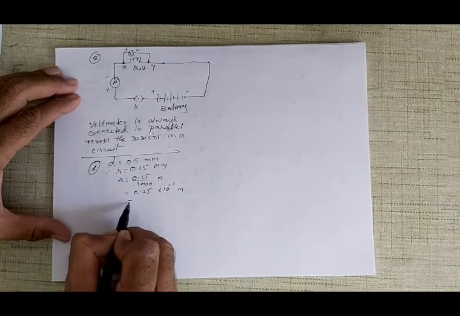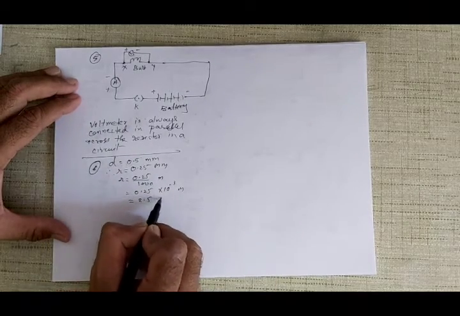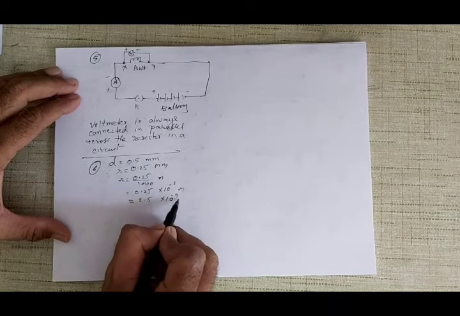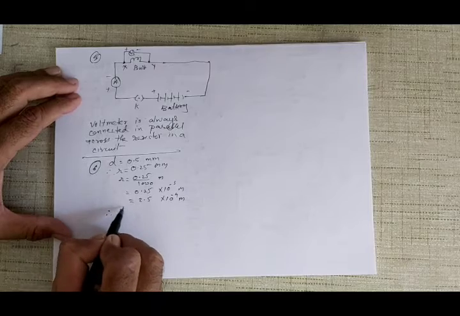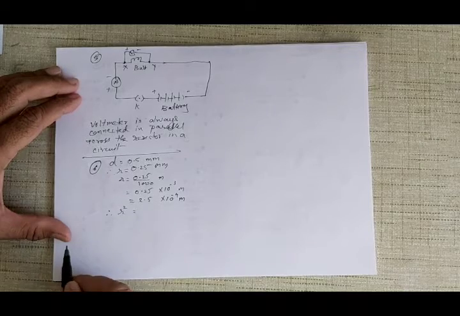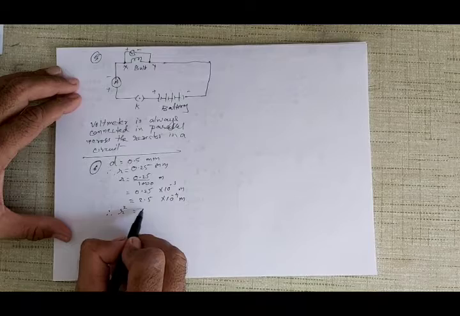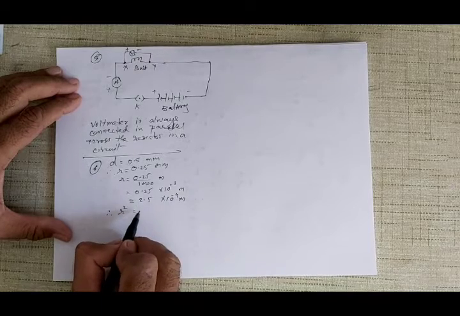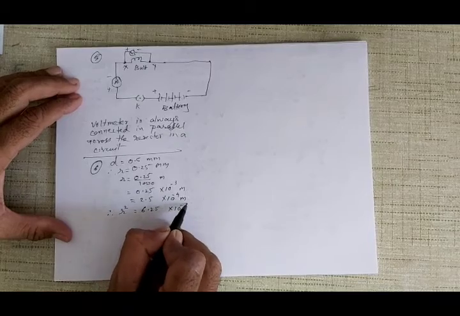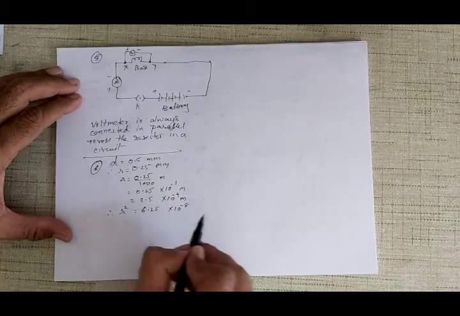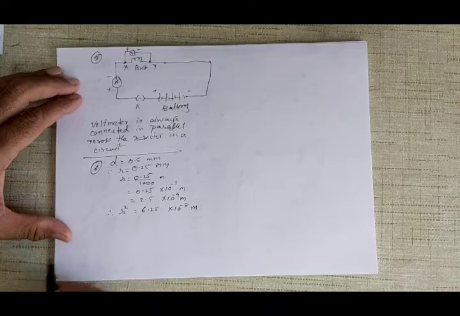Or in standard form, I can write 2.5 into 10 to power minus 4. If I want to make r square, I square it, so 25 into 25 will be 6.25. Remember, 2 decimal places. So 6.25 into 10 to power minus 8, as minus 4 doubles, in square meters. This is r square.